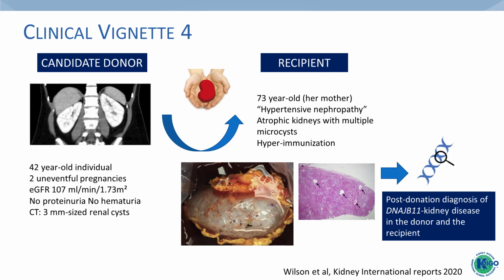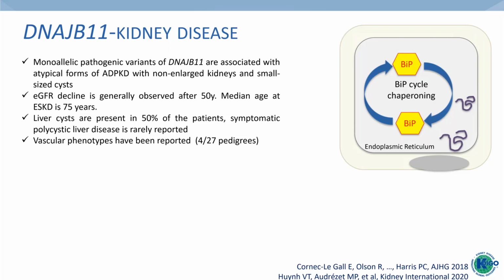Genome sequencing was performed afterwards in the recipient and the donor and led to the diagnosis of DNAJB11 kidney disease in both. DNAJB11 encodes a cofactor of the ER chaperone BiP, which is an important actor of protein maturation and folding in the endoplasmic reticulum, including the maturation of polycystin 1 amongst other proteins.